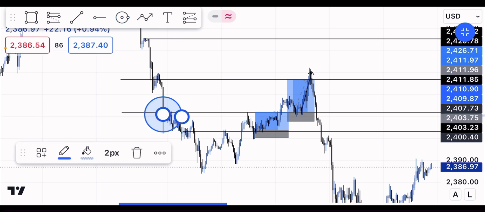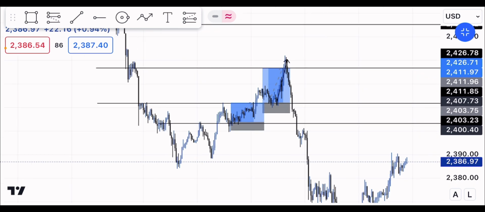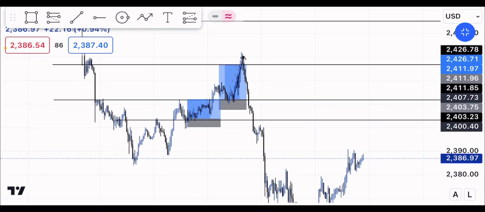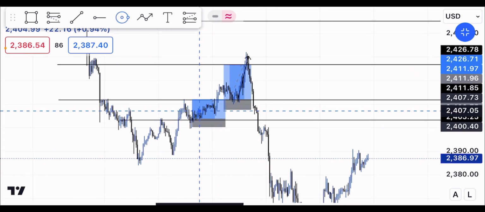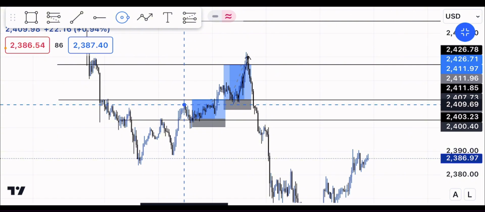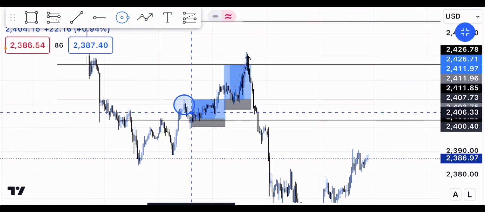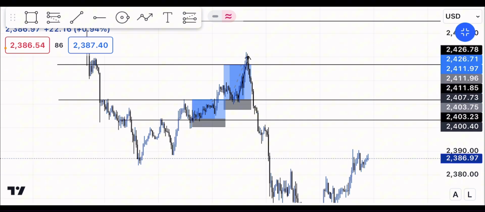So now, after taking note of all these zones, when I enter the market, it is currently making higher highs here, this higher high here. So now I apply that method.